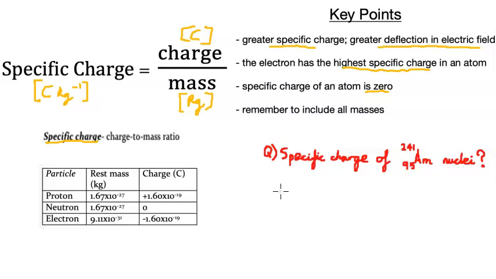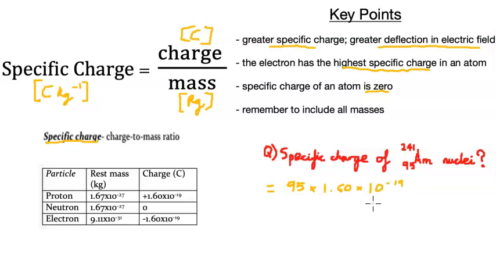And so the only place the charge comes from is the protons. And so using the values in the data table, we can say the total charge will be equal to 95, which is the proton number, multiplied by the charge of a proton, which is 1.60 × 10^-19 coulombs.